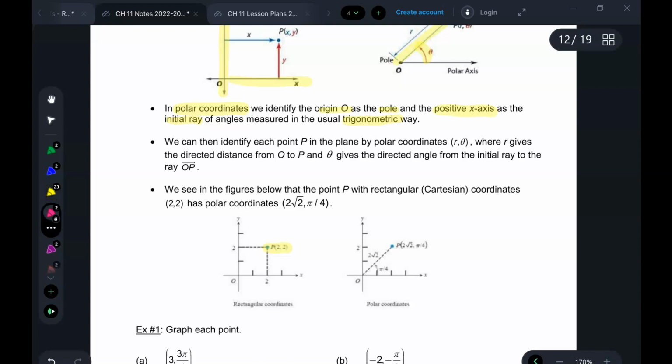If you think about the angle over here, that would be pi over 4, because tangent of theta would be 2 over 2. So where's tangent equal to 1? At pi over 4. And how do we get the length of this segment? Well, this is 2 and this is 2, so we can do a quick Pythagorean theorem, and that's how we get to root 2.